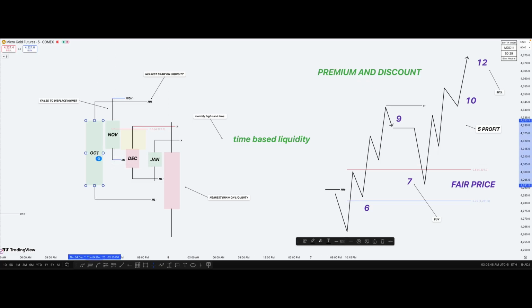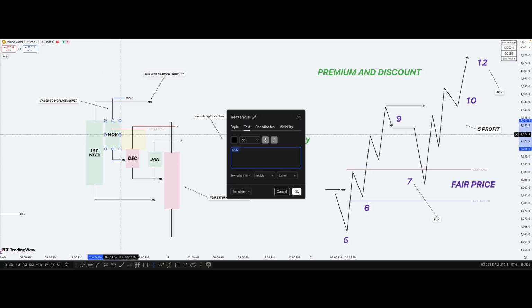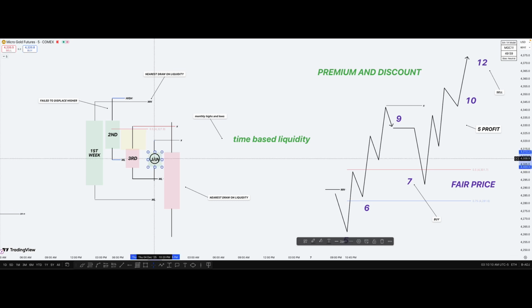So suppose this is the first week of the month, October or December. This is the first week, this can be the second, this can be the third, and this can be the fourth.